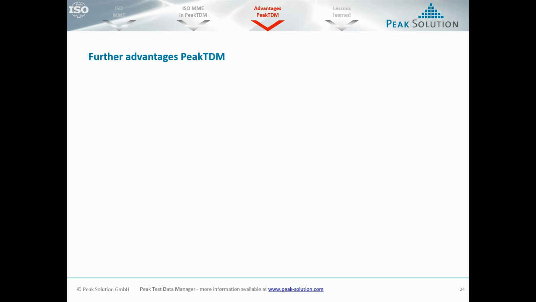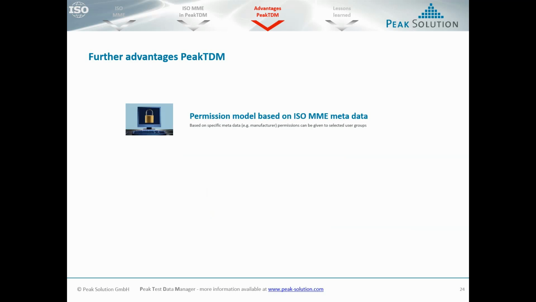Finally, there are also advantages looking at known functional requirements. PeakTDM allows you to base the permission model on entries in the ISO MME metadata, for example allowing users to only access test data related to a certain project, car models, testing site, or any other criteria.